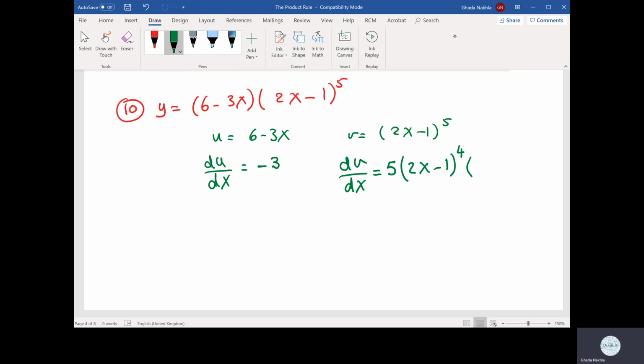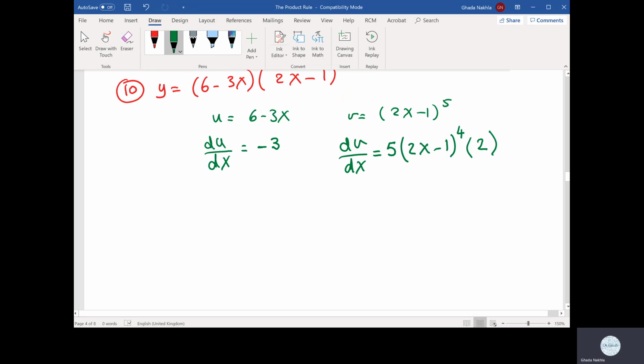The derivative of 2x minus 1 is 2. So you drop the power, decrease the power of the bracket by 1, so the 5 becomes a 4, and then the derivative of what's inside the bracket, which is basically differentiating the bracket without the power.